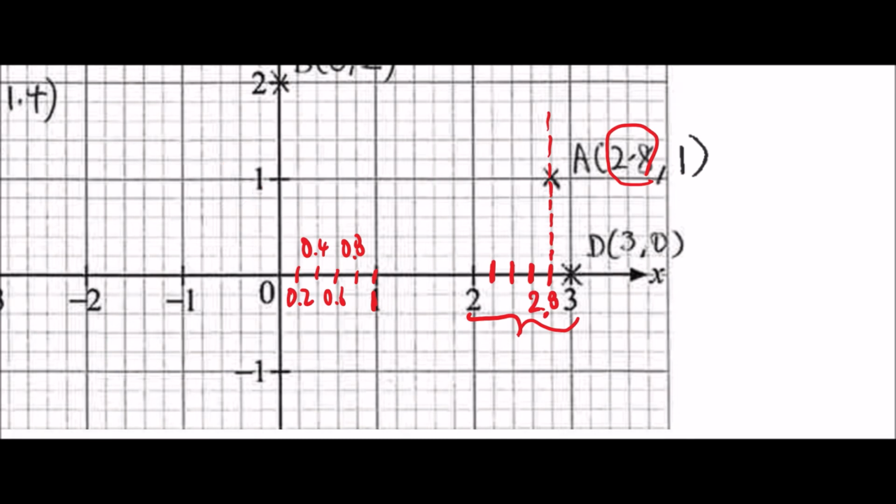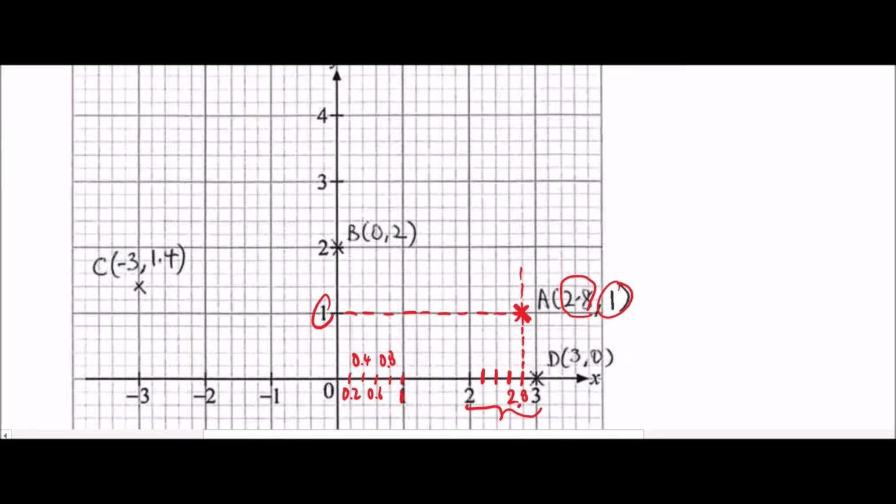So I'm going to complete the point A by finding its y coordinate, which is 1. So simple. I'm going to just draw a horizontal dotted line until it reaches the vertical dotted line that I drew earlier. This 1 is the y coordinate of point A, and where these two dotted lines meet each other, I'm going to mark a cross. Do not use dots.